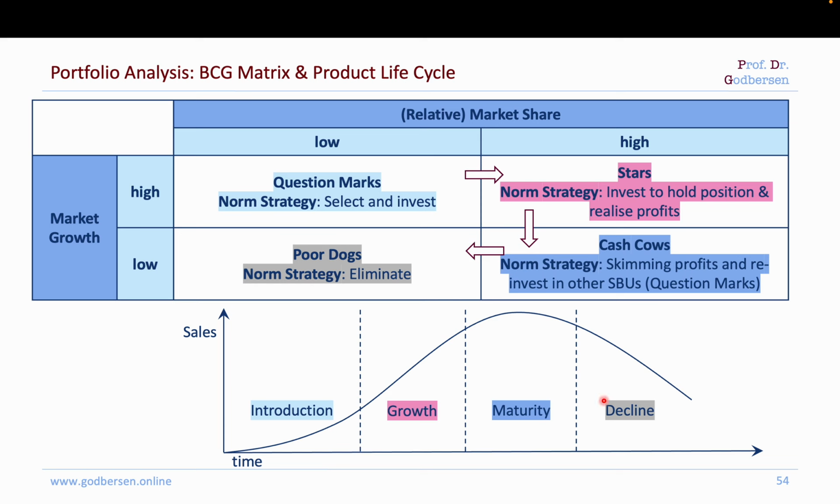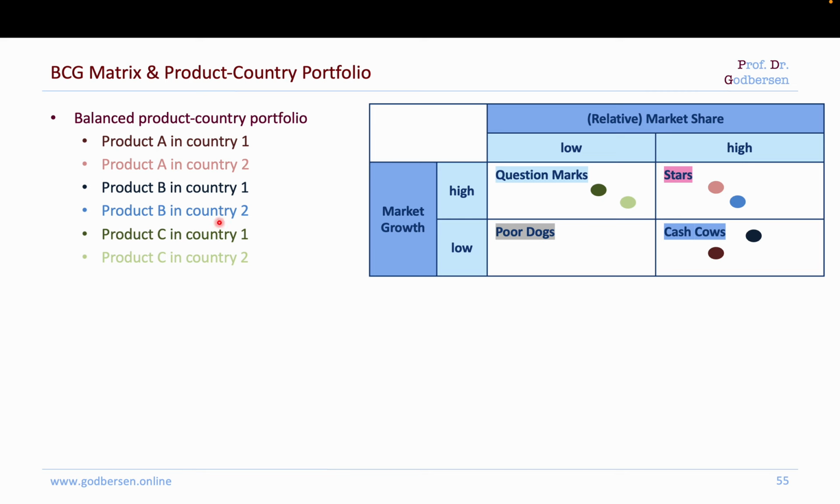Now let's come back to international business. As I've said earlier, we have several products, like here product A, product B, product C, and we operate in several markets. To simplify, I only have country 1, country 2, country 1, country 2. And what we want to see is a Boston Consulting Group matrix with our business units, or products to be precise, product country combinations, that looks like here on the right.